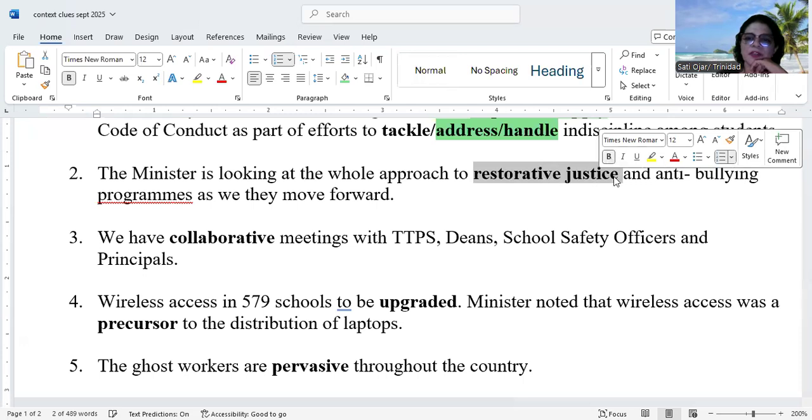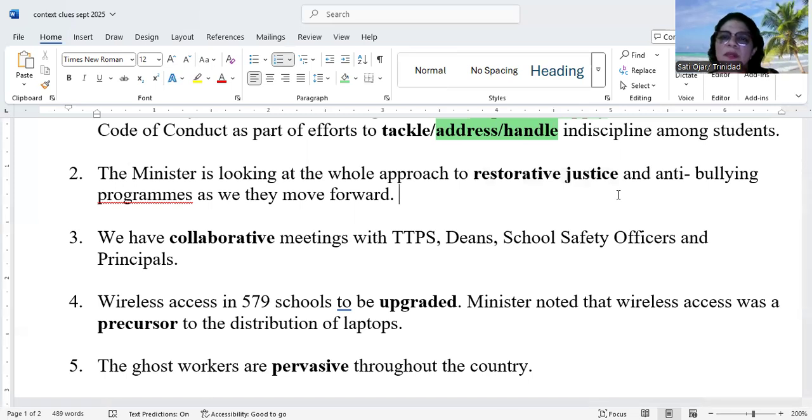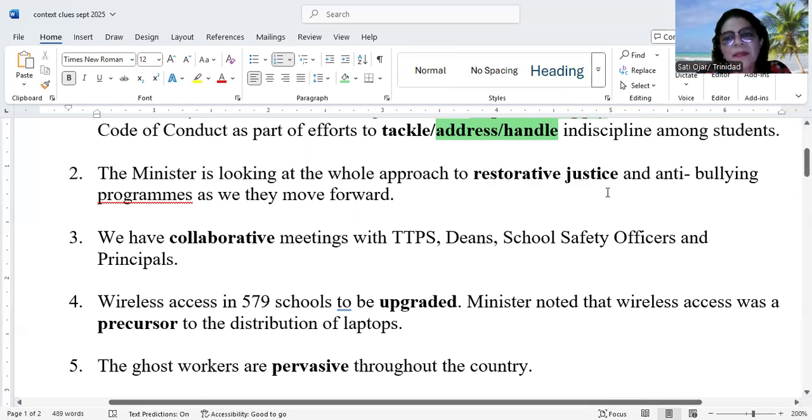What do you think that means, restorative justice? Do you think he wants to put them in jail? What does restore mean? Yes, Mikhail? That means like to get back to justice, or to implement back something that was taken out.